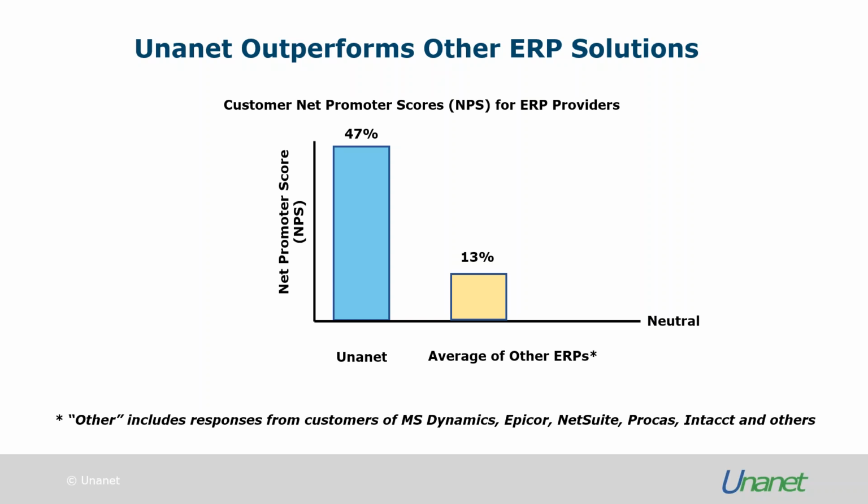But basically, anything above about 10 or 15 represents a net promoter, someone who would recommend the software to another company. 13 to 15 in that area, even down around 10, is considered neutral. They're not a promoter, but they're not a detractor either. Unanet's net promoter score is 47%. The average of ERP systems is about 13. Our closest major competitor has a negative net promoter score, about -17.